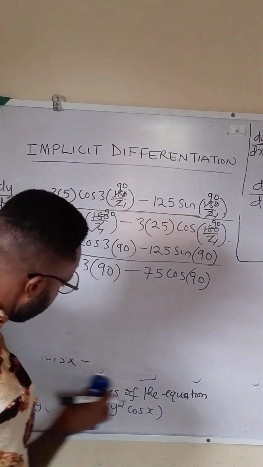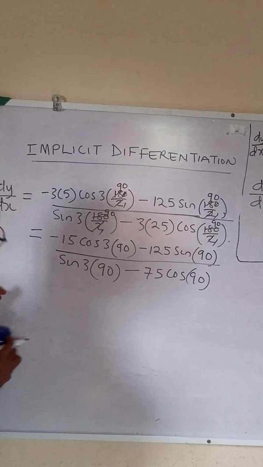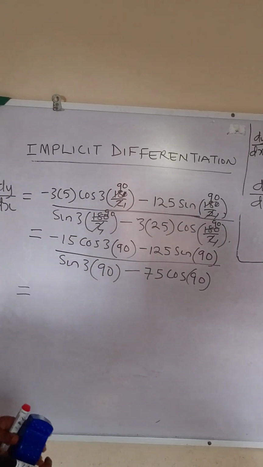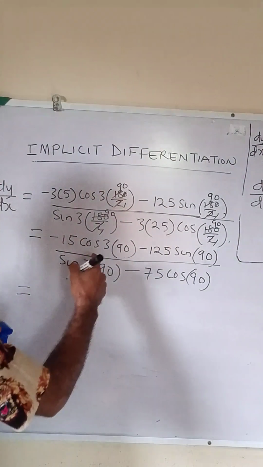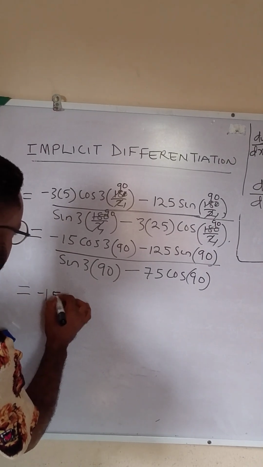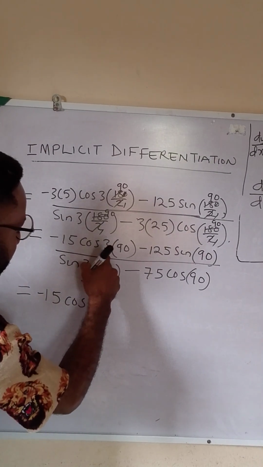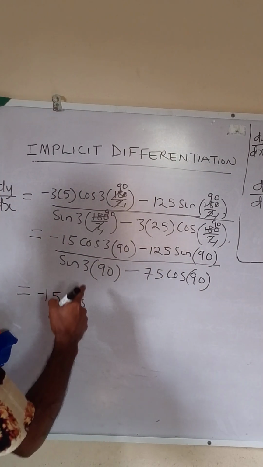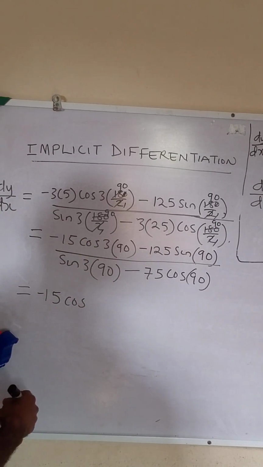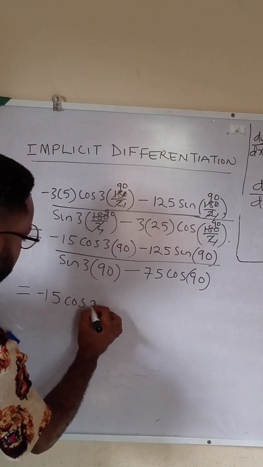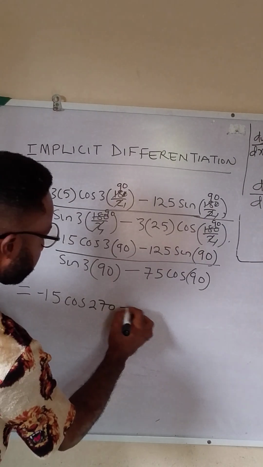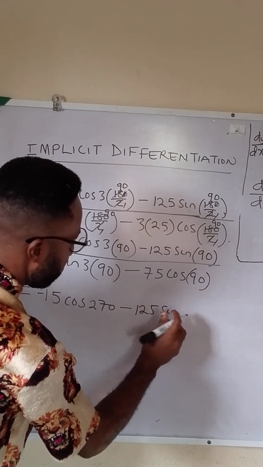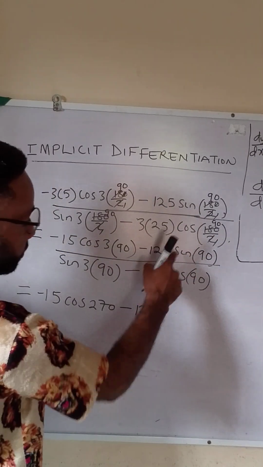So we've gotten that far, we're still progressing. This will be minus 15 cos of 3 times 90, which gives us 270, minus 125 sine 90.